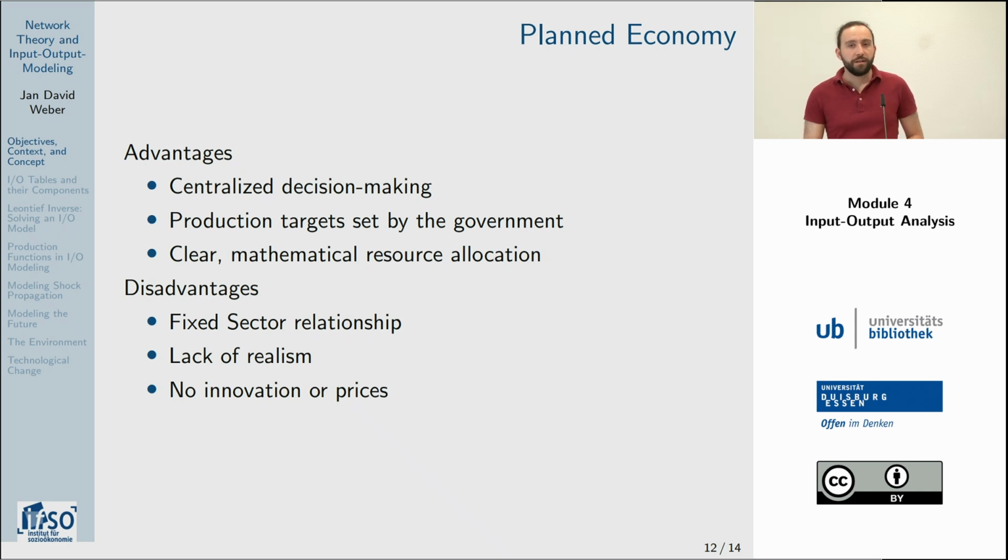But of course, there are extreme disadvantages to input-output tables, which can be addressed to a specific extent, not always, but a lot of them. So, for example, as we will see in the next video, we have a fixed sector relationship. Sector 1 always purchases 20% of its inputs from sector 1, 30% from sector 2, and 50% from sector 3.